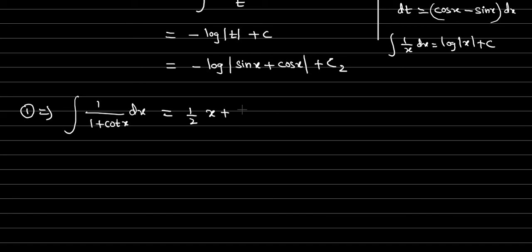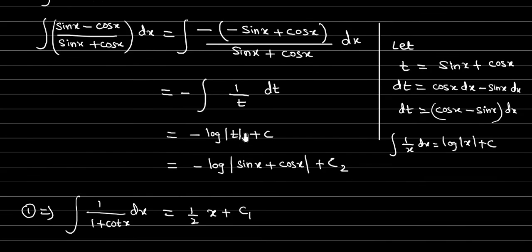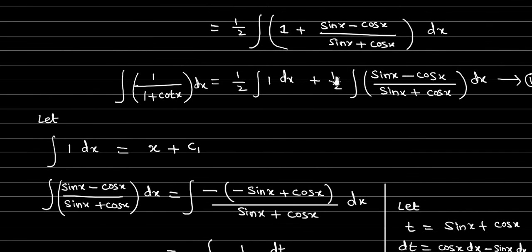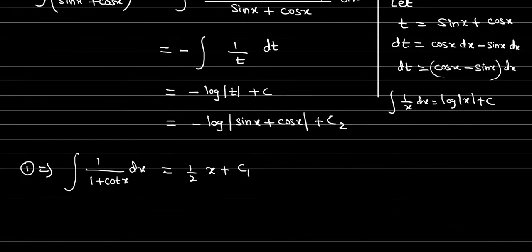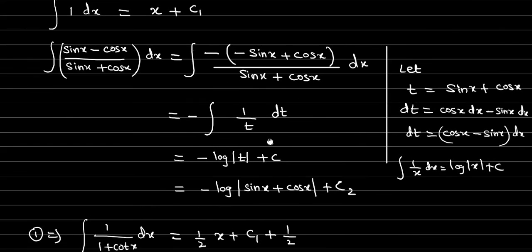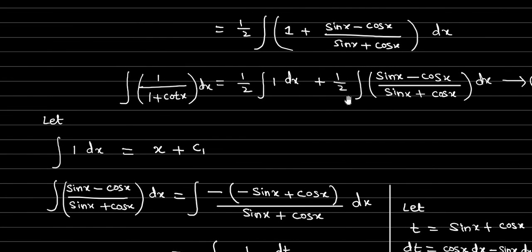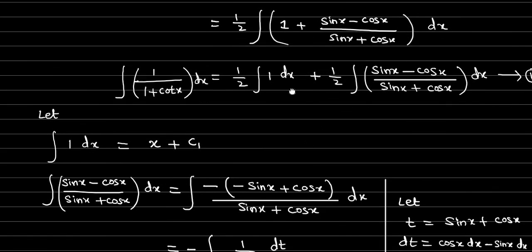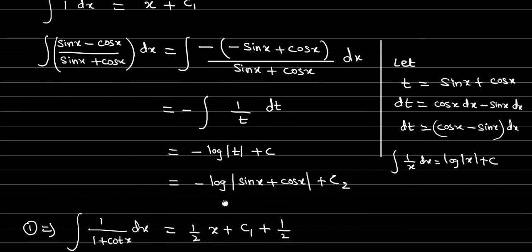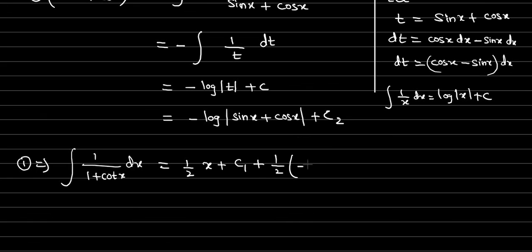And then plus 1 by 2 into the integral of this part. So the result of this part is minus log modulus of (sin x plus cos x) plus C2.